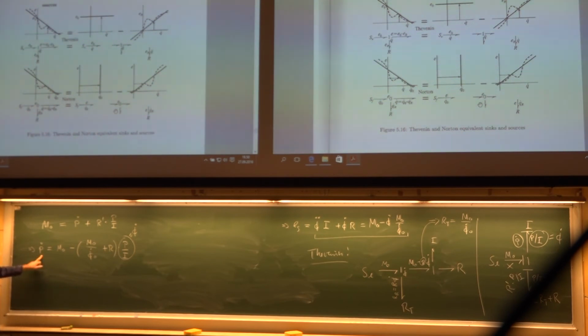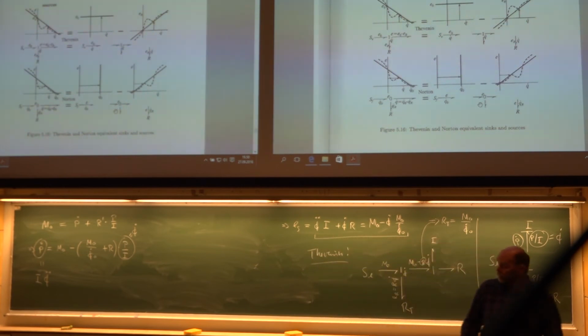Well, P dot, this one, then has to be equal, what will it be? An I and a phi double dot. Then you see we have the same equation. I hope. Minus, minus, plus. Yeah, I believe it's correct.